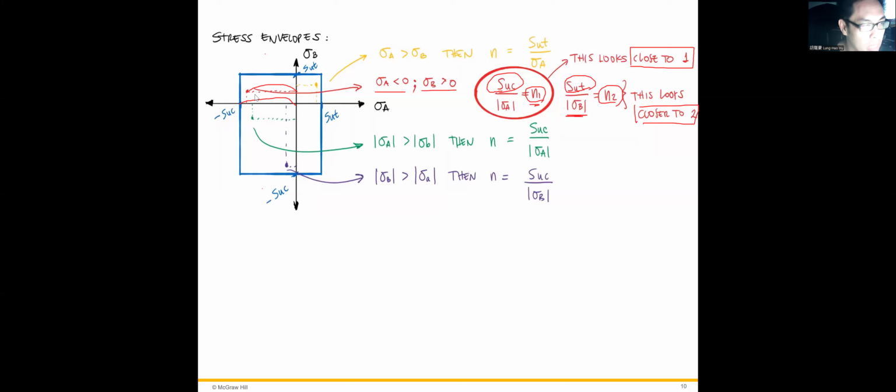So we can say the safety factor is close to 1, like 1.1 or 1.01.